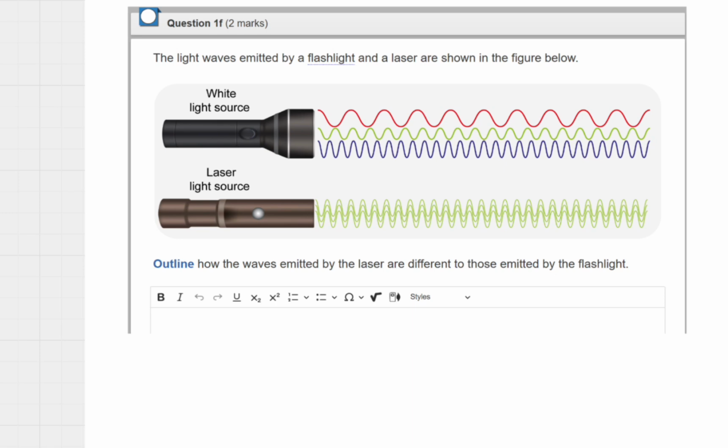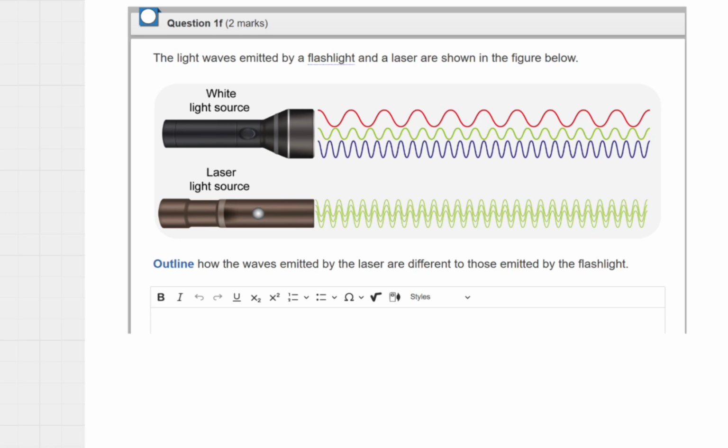So we see that there are multiple light waves emitted by a flashlight. Multiple different ones actually. First you see there's a red one with quite a good wavelength and frequency. Then there's a second one, then there's a third one. All of these things, they have different frequencies and they have different wavelengths.